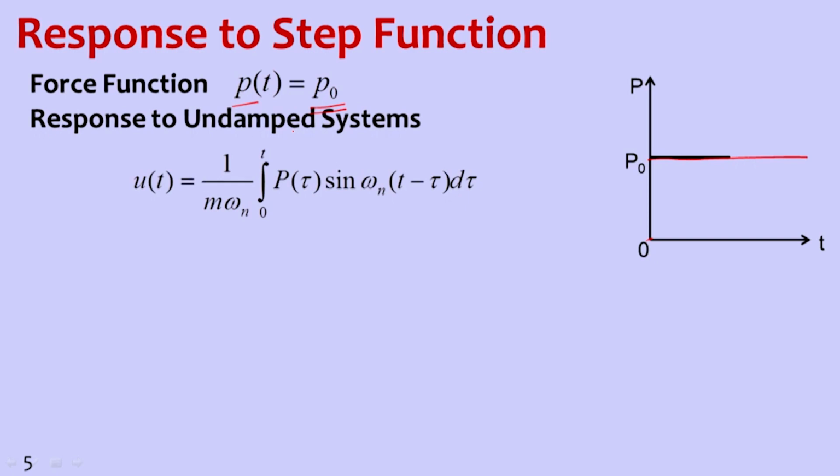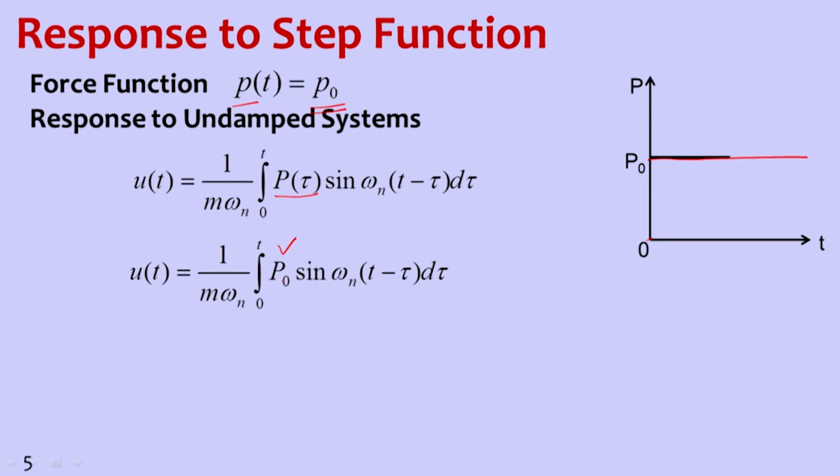For an undamped system, we know that u(t) is equal to 1 by m omega n times the integral from 0 to t of p(tau) sin omega n (t minus tau) d tau. Here, at any point of time, p(tau) has the value P0. So we replace p(tau) with P0 and the rest remains the same.